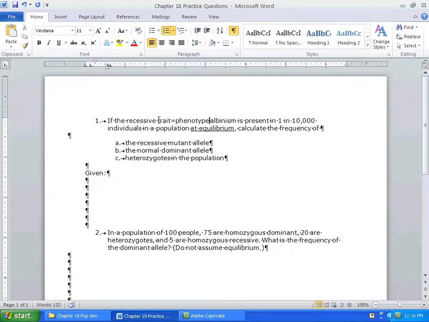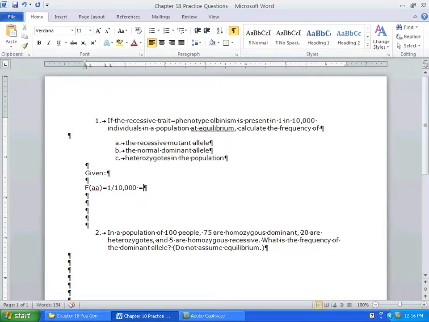So if the phenotype of albinism, which is a recessive trait carried on a recessive allele, is found in 1 in 10,000 individuals, then what they're really telling you is that the frequency of homozygous recessive individuals for that recessive allele for albinism is 1 in 10,000.